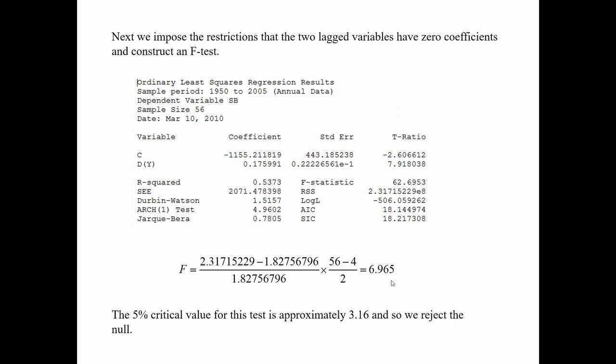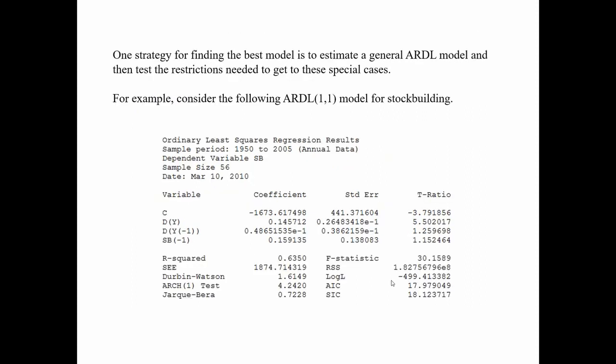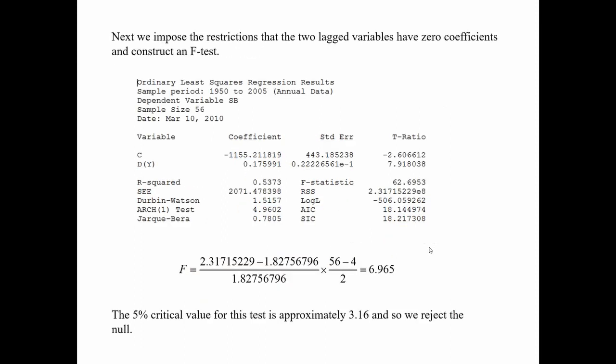restrictions are valid. If I just go back one slide, you'll see that's despite the fact that both those variables that we've excluded have got quite low t ratios, 1.25 and 1.15 respectively. So individually they're both insignificant, but when we test the joint restriction that they both have parameter equal to 0, then we reject that restriction.